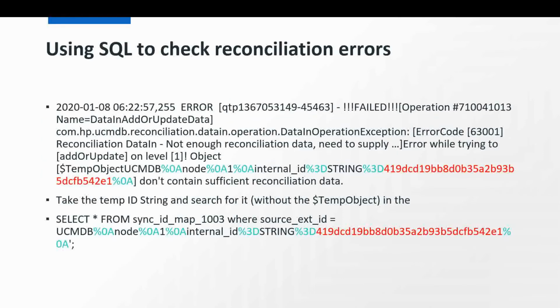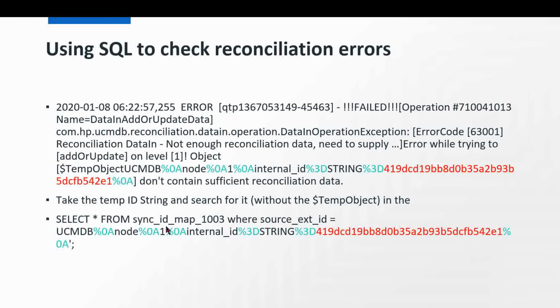You can use SQL to check reconciliation errors. For example, the top line here is a reconciliation log error where I had not enough reconciliation information to supply, and then it has the entire rule error adding or updating on level 1, and then it has the object itself, right? So you can take this temp ID string, and then you can search for it without the temp object part in the front in the sync ID map table.